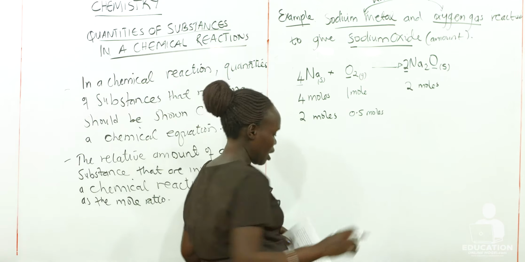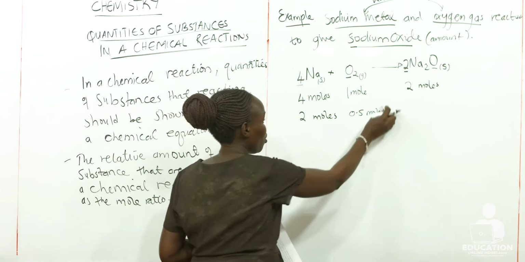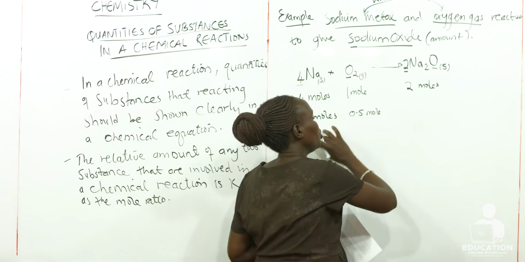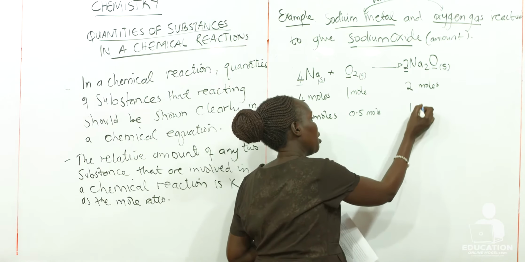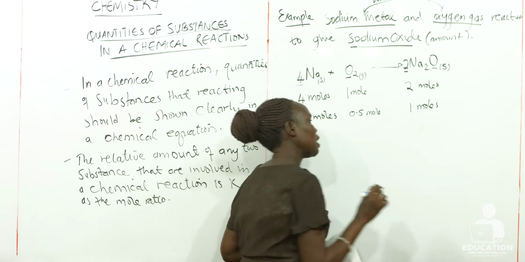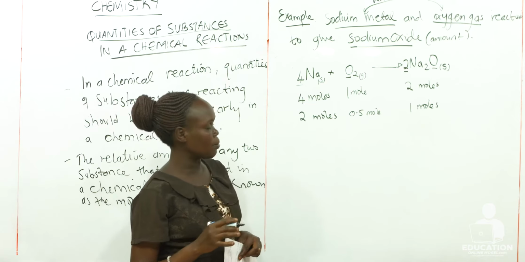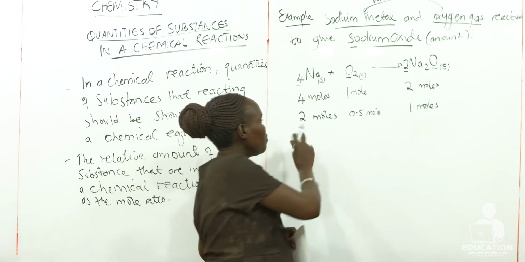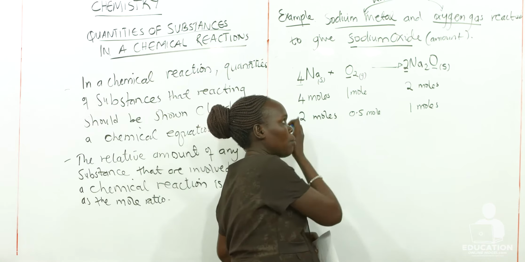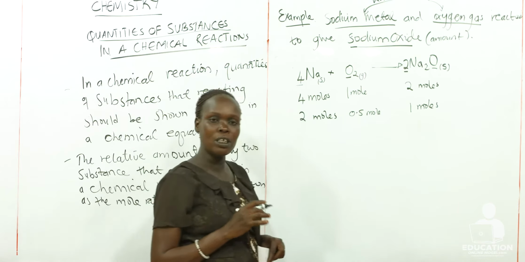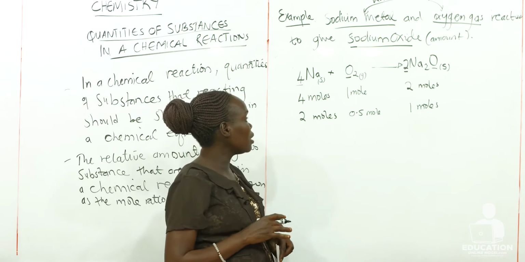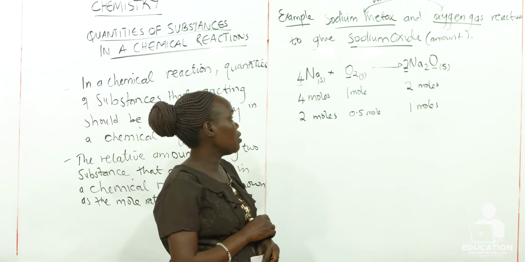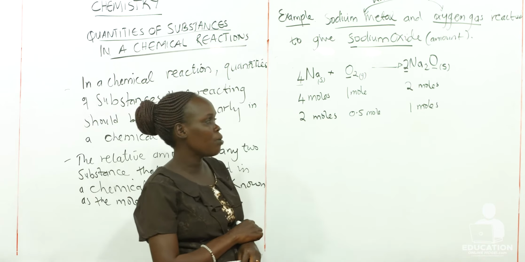So here we have 0.5 mole of oxygen gas. If you take the amount of the first reacting substance, which is the metal, and change it to 2, then you divide the mole ratio by the amount you put in the first place. So 1 over 2 gives us 0.5, and 2 over 2 gives us 1 mole.